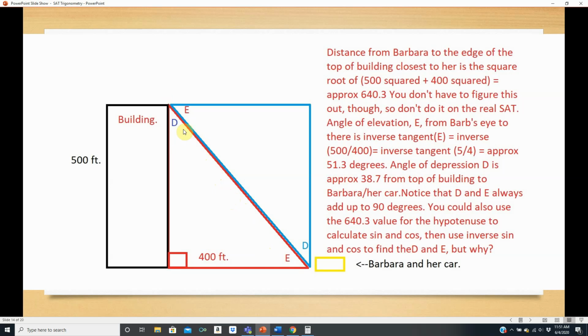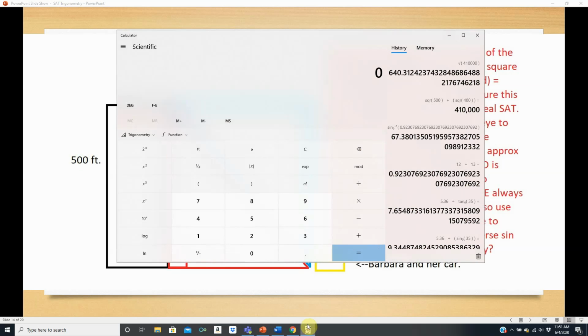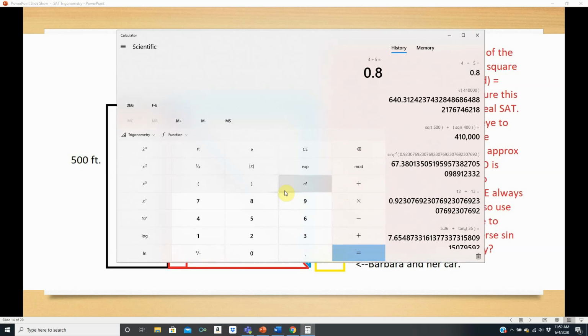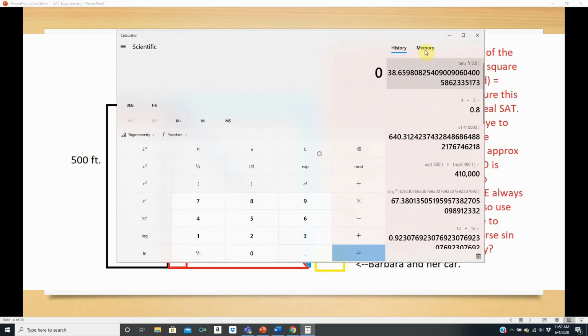Okay, so that's going to be the sine, but you don't have to, because you already know this is 500 and that's 400, and the tangent is the opposite over the adjacent. So it's 4 over 5 for this one, for the D, so I could automatically just go 4 over 5, which you probably know is 0.8, but if you don't, that's okay, now you know. And then I'm going to go second tangent, boom, 38.65. Let's say I want to figure out the other one.